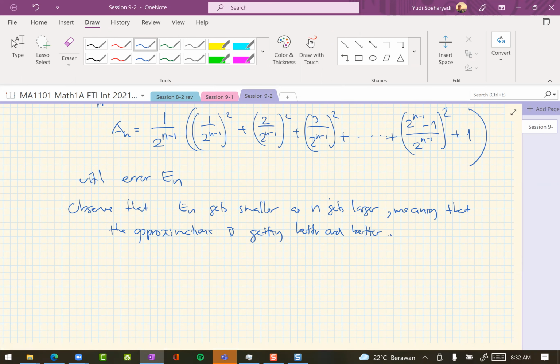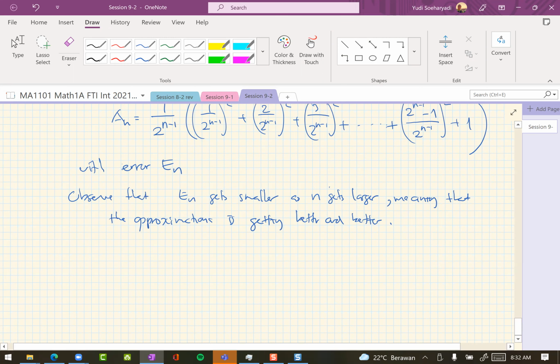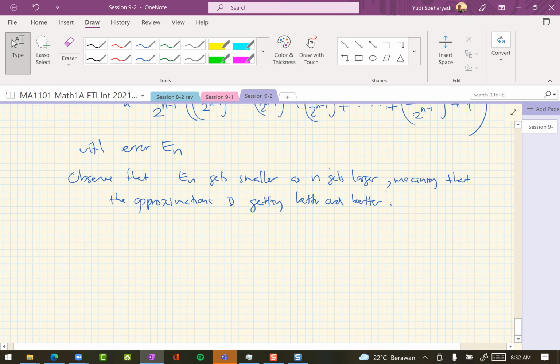If you cannot get the precise thing, you can do approximations. Good approximations, meaning that you always improve the approximations. Okay, that's what we call a good approximation.